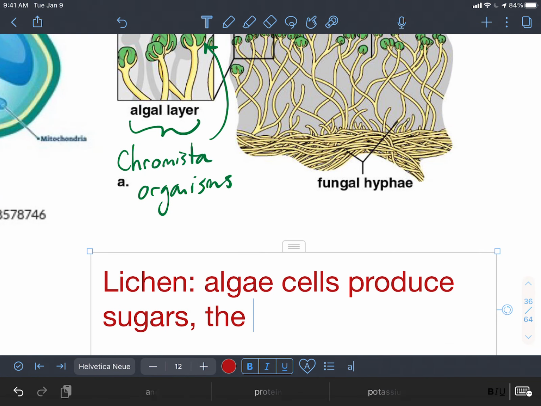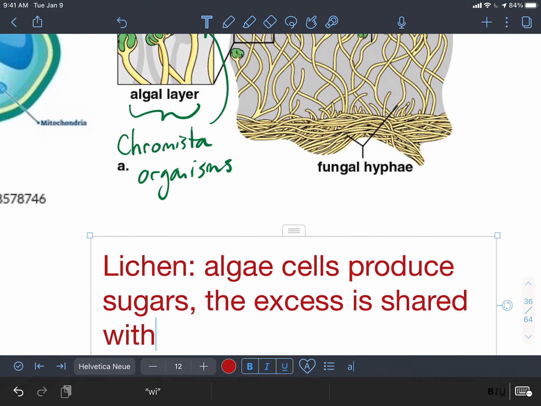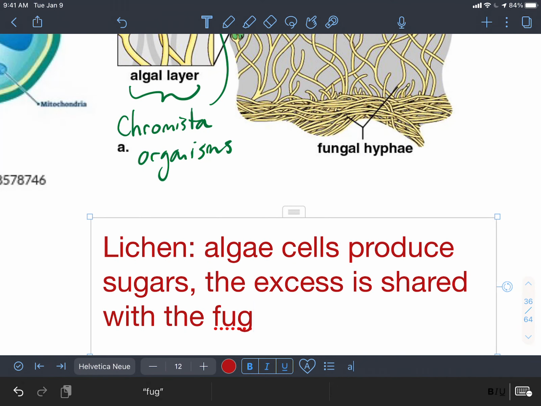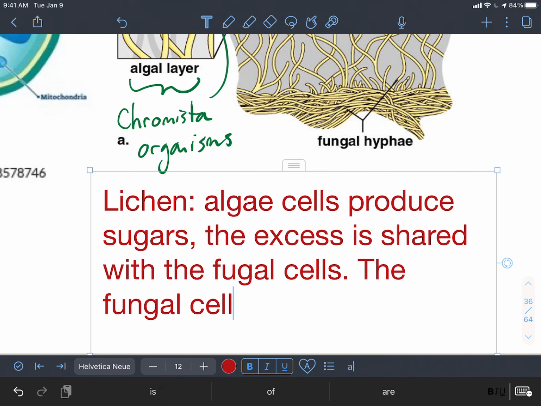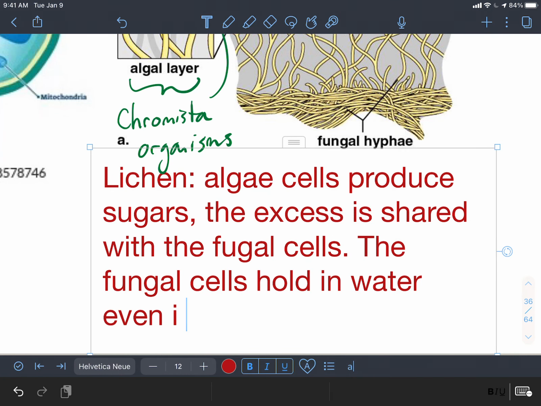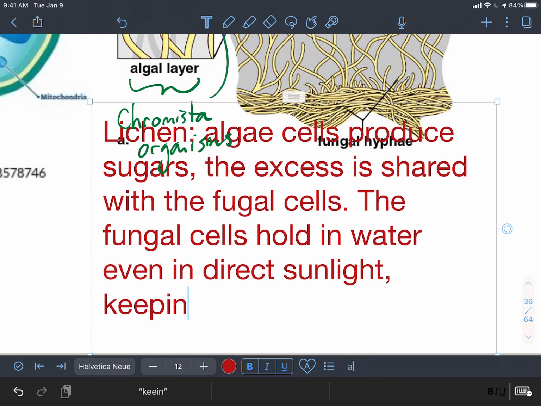The excess is shared with the fungal cells, and the fungal cells hold in water even in direct sunlight, keeping the algae alive.